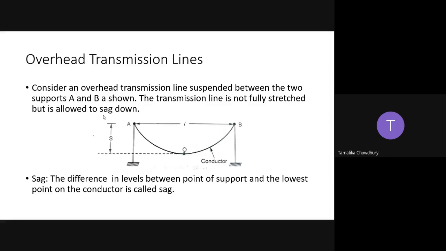This shape of the conductor is called the sag span curve. So this sag span curve is the shape of the conductor. Now if the sag is small compared with the span, then the sag span curve is called a parabola.